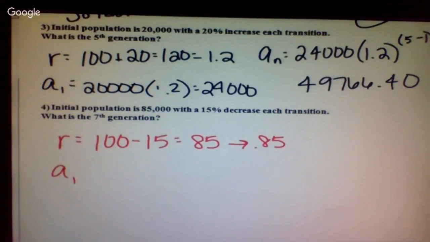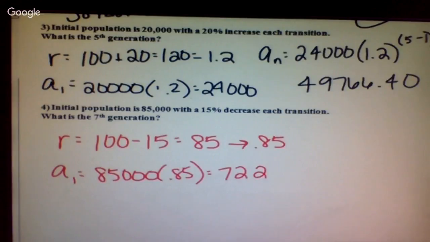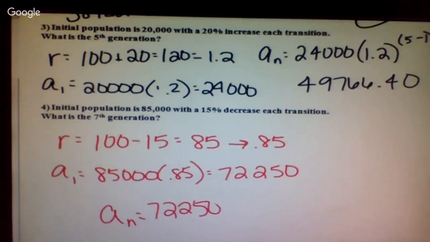What is A sub 1? 72,250. So 85,000 times 0.85 gives 72,250. So we've got A sub n equals 72,250 times 0.85 raised to either 7 minus 1 or just raised to the 6th power.